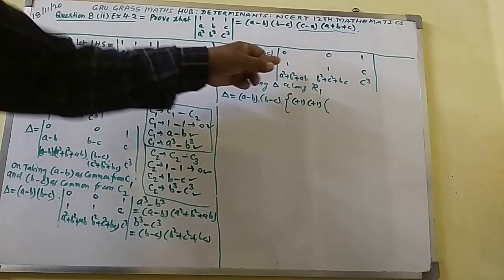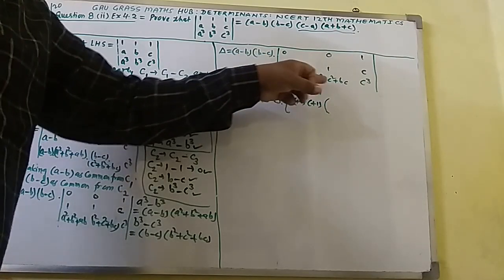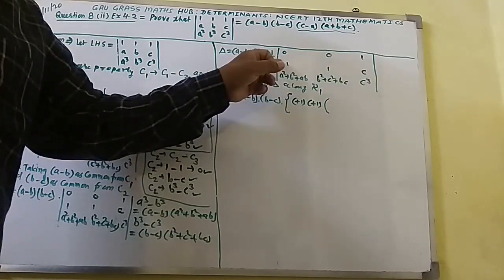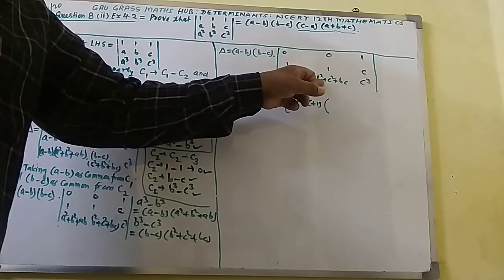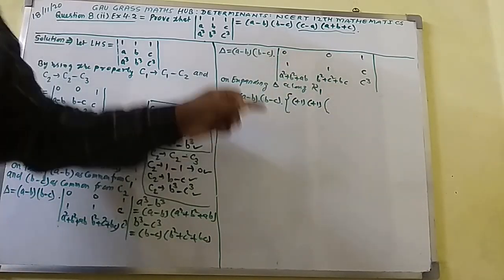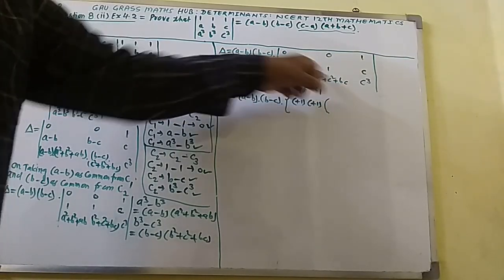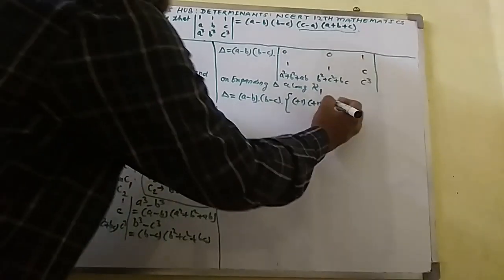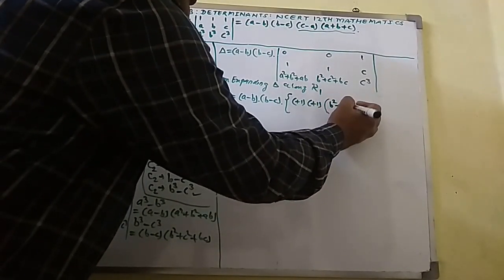Now in this case, here you can see 1 and b square plus c square plus bc are the elements in the principal diagonal. The elements of principal diagonal will multiply together. If you multiply 1 to b square plus c square plus bc, you will get simply b square plus c square plus bc.